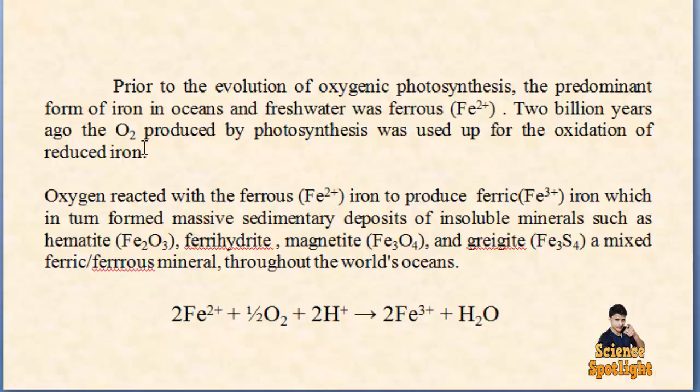As the concentration of oxygen increased in our earth's atmosphere, this oxygen reacted with the reduced form of iron and converted it into the ferric form, which is insoluble in water, and that forms insoluble minerals like hematite, ferrihydrite, magnetite, greigite and so on. This is the reaction by which the ferrous form of iron reacts with oxygen and forms the ferric form, which is insoluble in water.